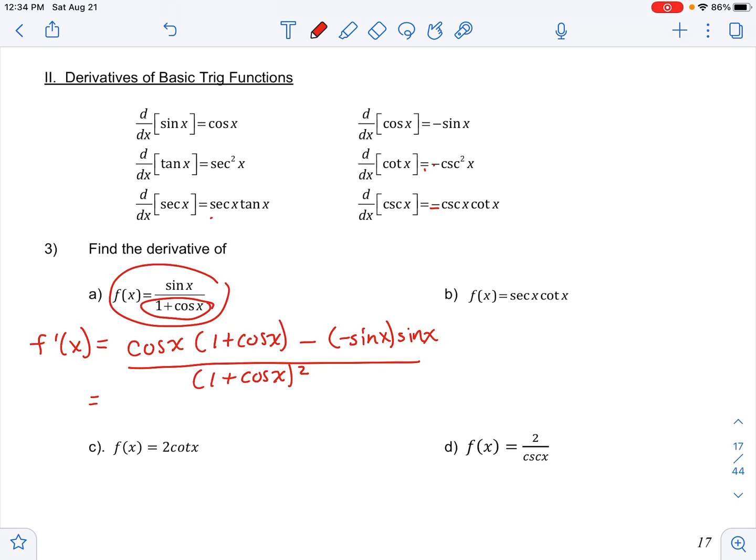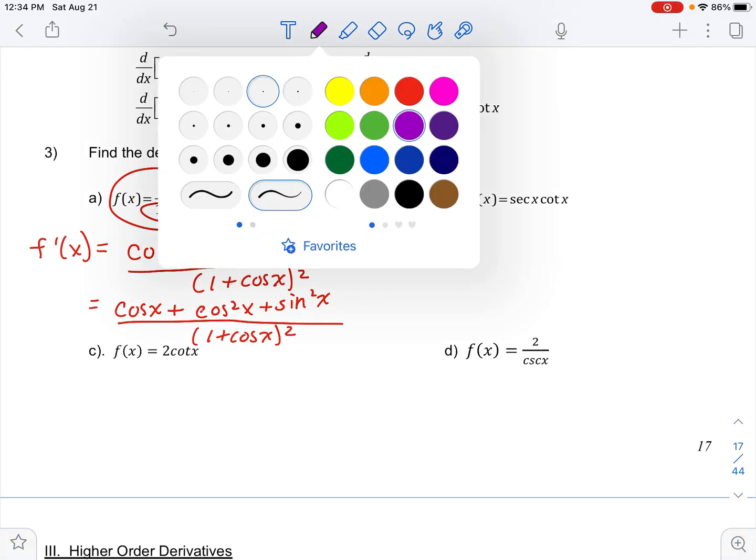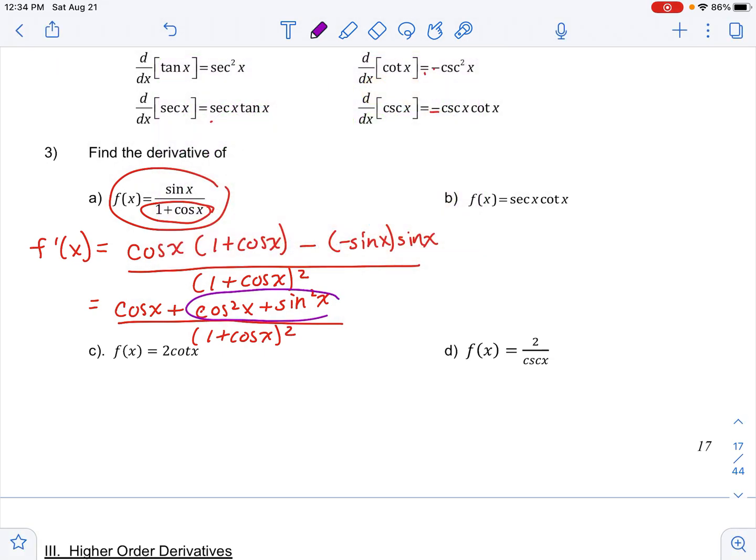Okay, let's simplify a couple things. I'm going to start multiplying at the top. I've got cosine plus cosine squared x. Notice this becomes plus sine squared x, over 1 plus cosine of x squared. Okay, now let's practice simplifying a little bit. Especially if it's a multiple choice, you do need to simplify. Notice that there is an identity here.